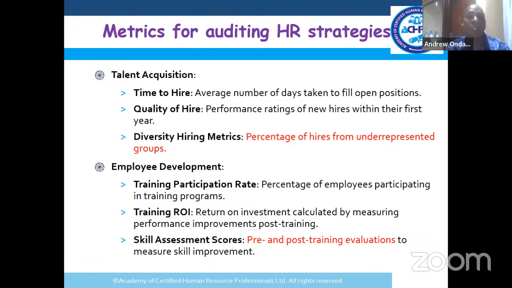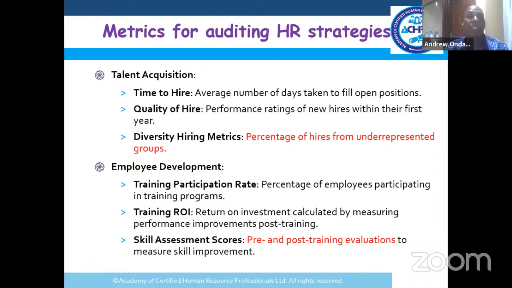So when you are doing your HR audit, you look at the number of days that has been taken to fill a vacant position or the number of positions that have been filled. So if it takes a very long time, then your hiring process may be having problems. So that is an area that you need to look at if the time is taking too long.